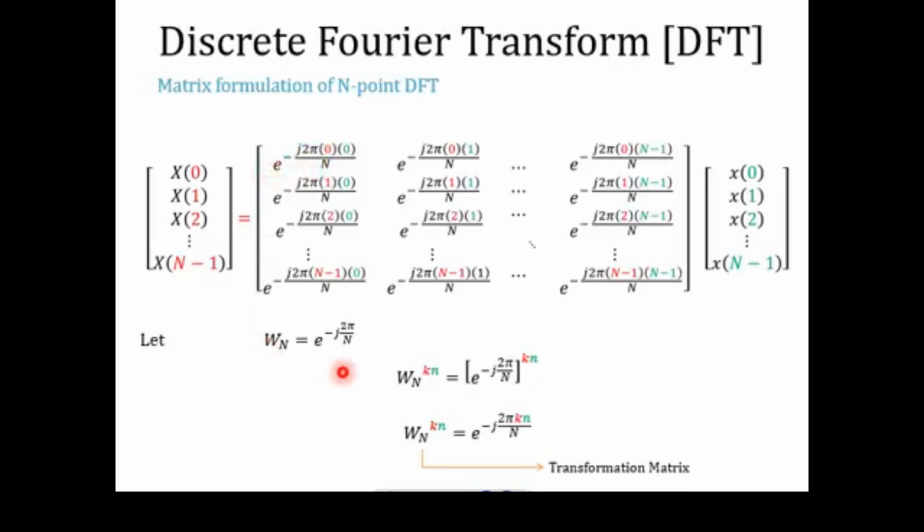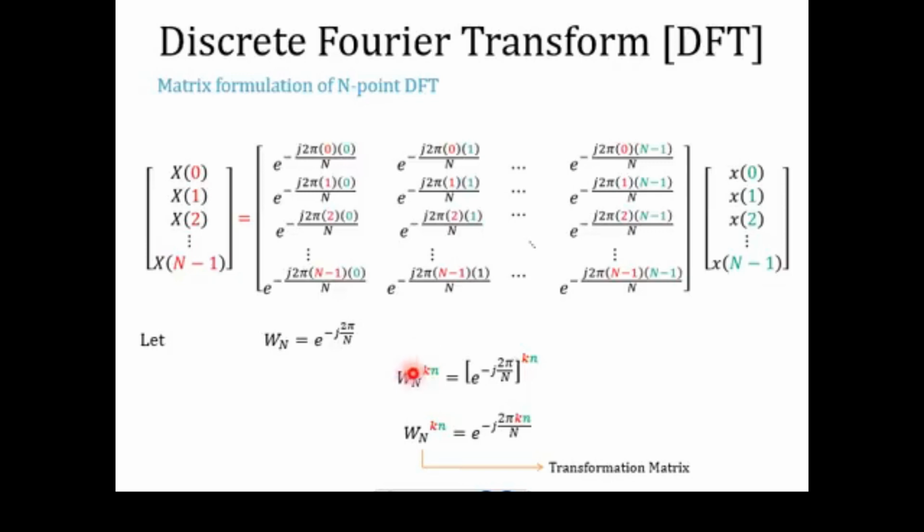But here we are observing two variables in the exponent of this exponential function as well, which are k and n. So how can we introduce both k and n in this wn notation? It will be written in its superscript.